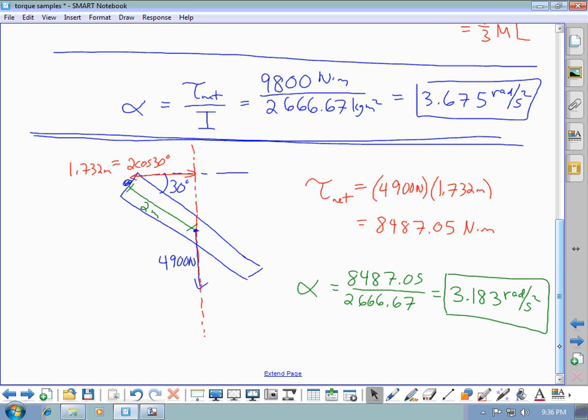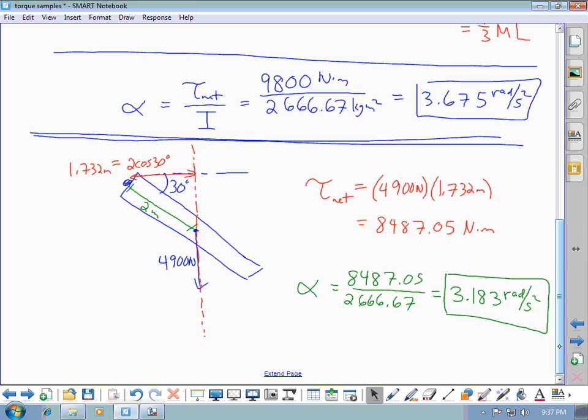Again, it's very common to go through and calculate the net torque and calculate the rotational inertia and then use that rotational inertia to figure out the angular acceleration. You just have to be careful when you're calculating your torques. You have to make sure that you include all of the forces that are acting. You need to think about where those forces are acting.